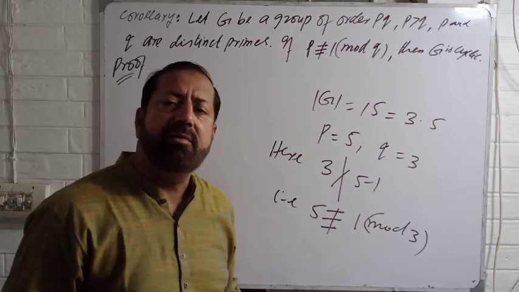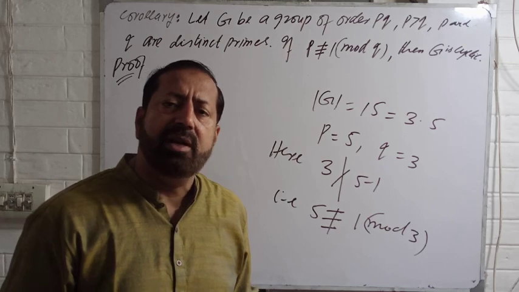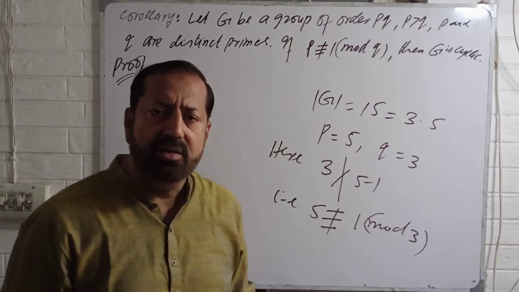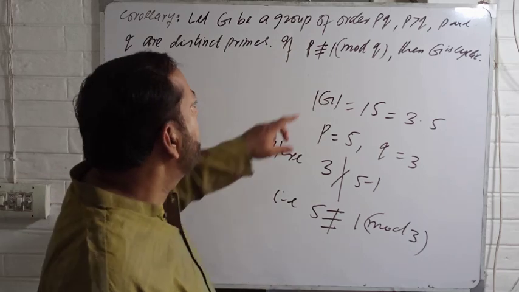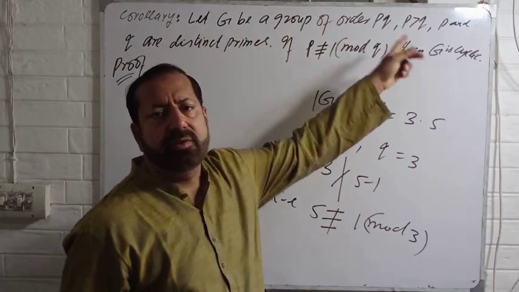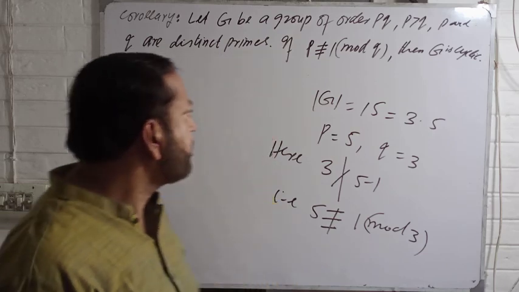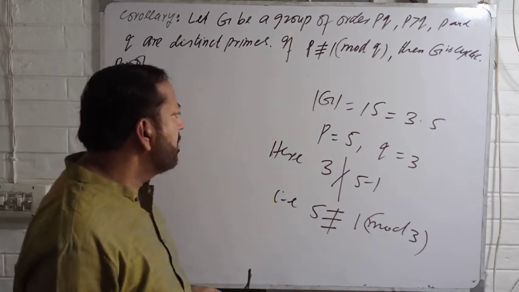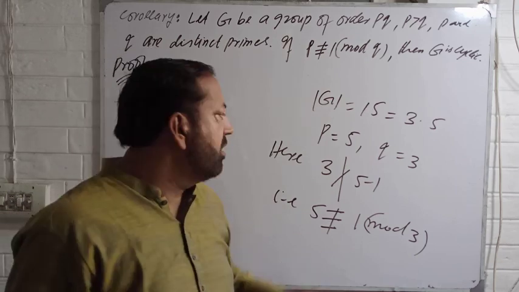And you know that every cyclic group is abelian. This means that there does not exist any group of order 15 satisfying these conditions that is non-abelian. You know, 15 is 3 into 5, and this can be written in this form.